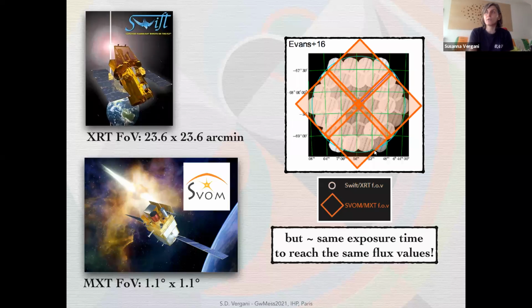So if we want to cover the same region and reach the same limiting fluxes, we will need the same amount of time from both telescopes. On the other hand, we can also choose not to go fainter, but to cover the whole sky map quickly. And in this case, SVOM will do a very good job.